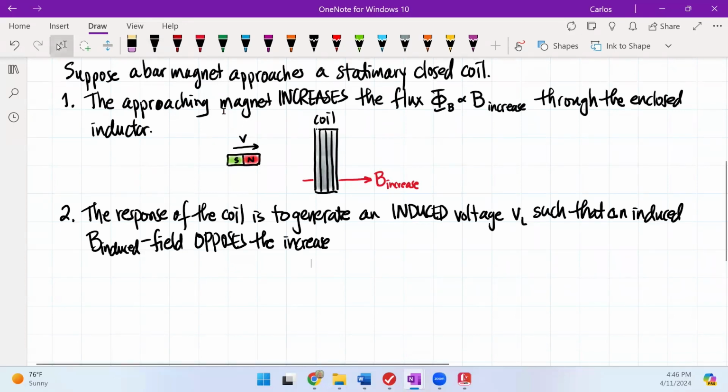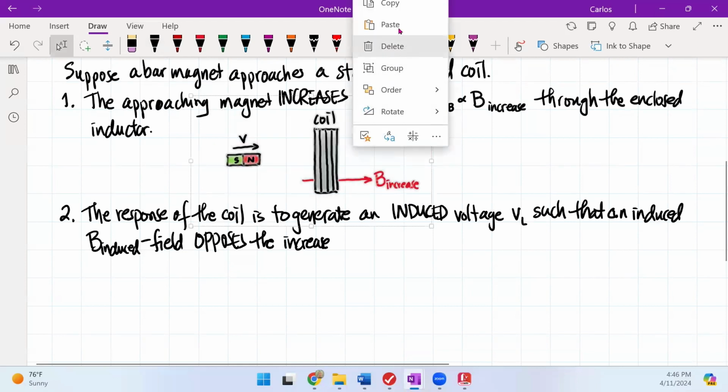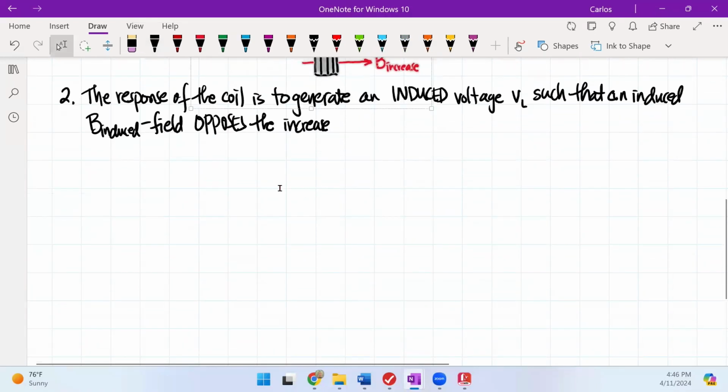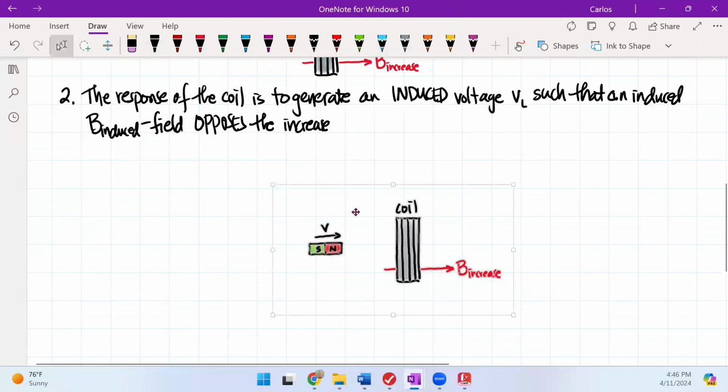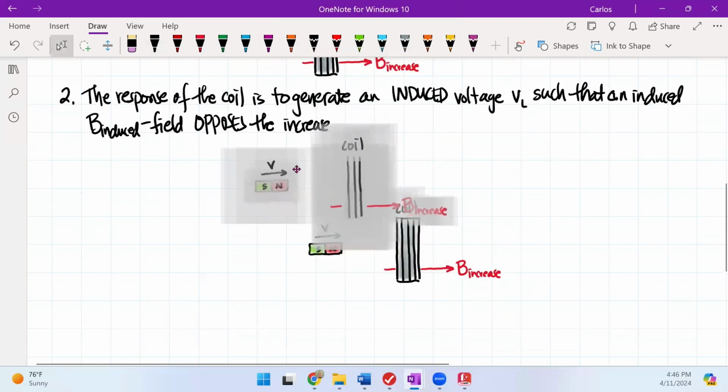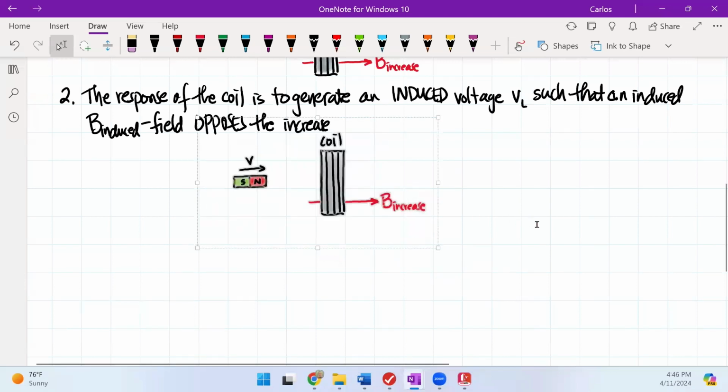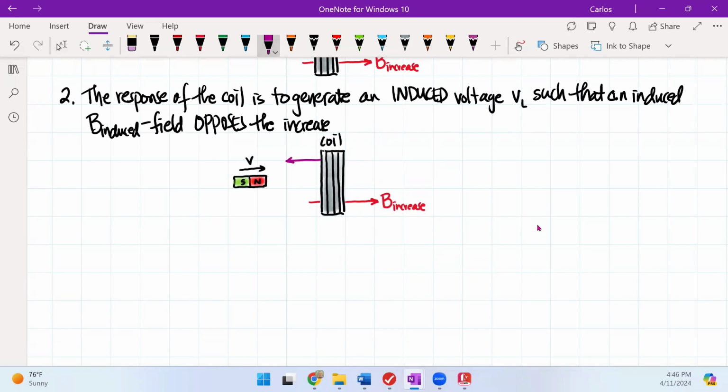Picture-wise, I paste the image right here, and now I have my coil. I now produced an induced magnetic field that's trying to reduce the flux.